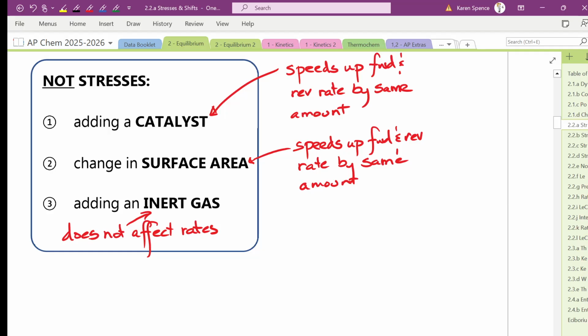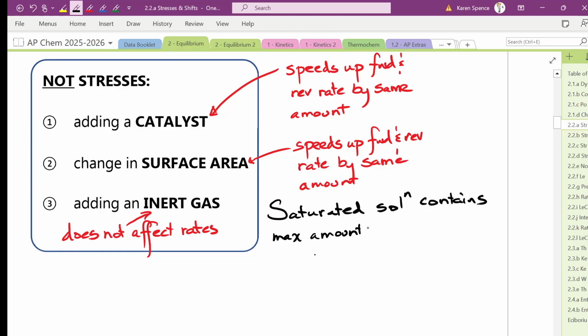Okay, so we've got a saturated solution. I suppose I should write out the whole word the first time we use it. So it contains the maximum amount of dissolved solute.